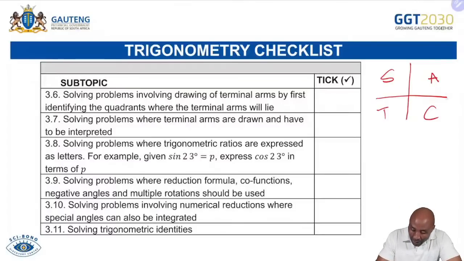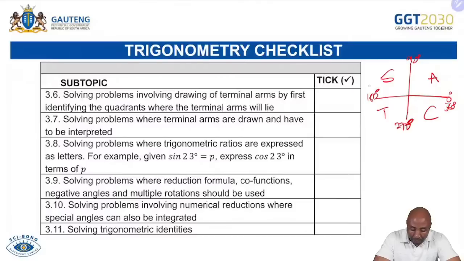And we also know that this is our 0 degrees, 90 degrees, we have our 180 degrees, and we have our 270 degrees. Then we have 360 degrees. We move in an anti-clockwise direction when we are dealing with positive angles. We'll quickly look at this in no time.